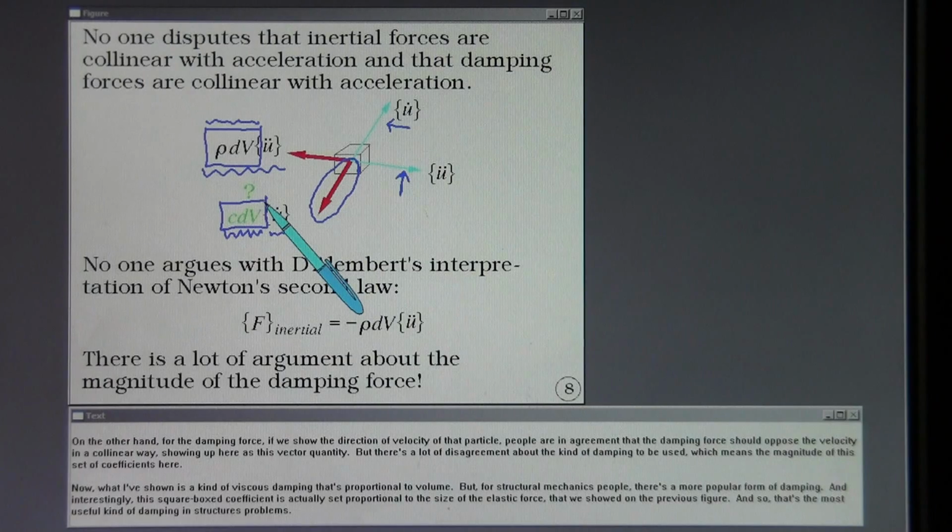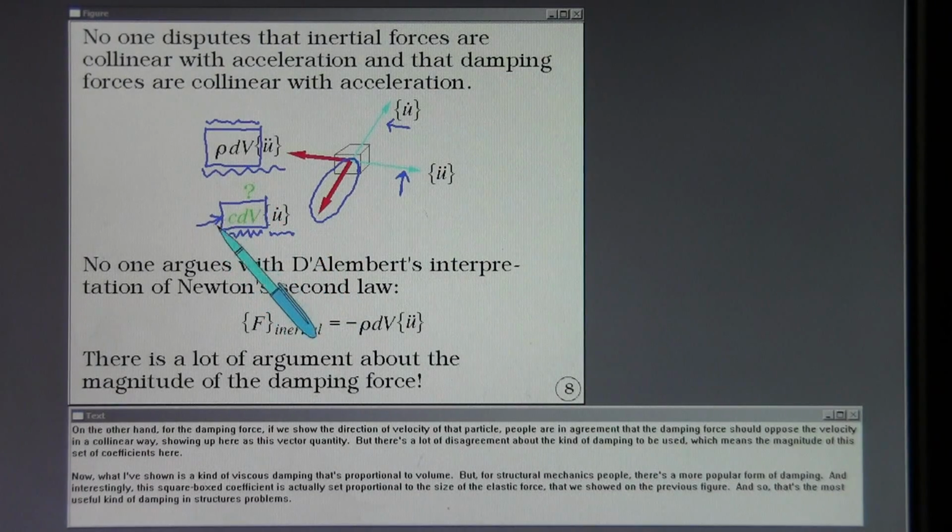Now, what I've shown is a kind of viscous damping that's proportional to velocity. But for structural mechanics people, there's a more popular form of damping. And interestingly, this square-boxed coefficient is actually set proportional to the size of the elastic force that we showed on the previous figure. And so that's the most useful kind of damping in structures problems.